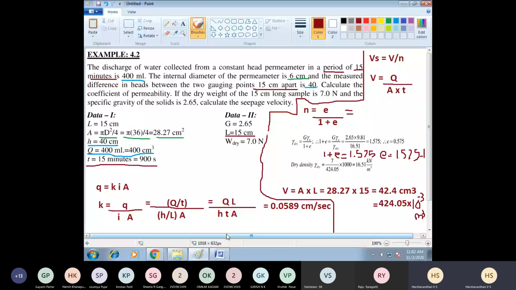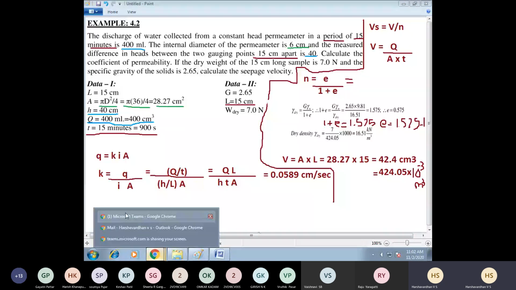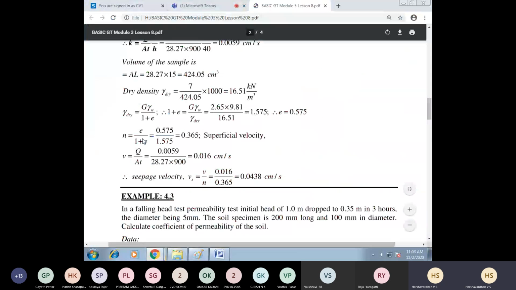So n will be equal to, n is equal to 0.365.